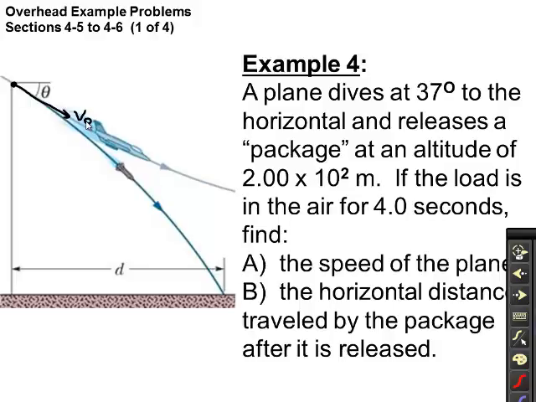So the picture shows us after the release, but when it was released, the package and the plane obviously had the same velocity. And that velocity has two parts, just like we've been saying. V naught cosine theta, and V naught sine theta.